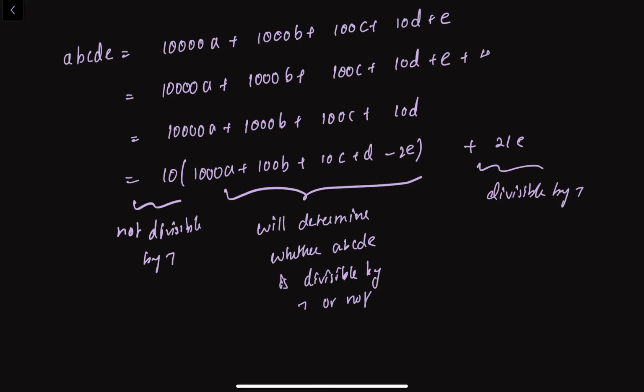Let's say we add and subtract 49E. So this will become plus 50E minus 49E, so this becomes plus 5E and this becomes minus 49E.